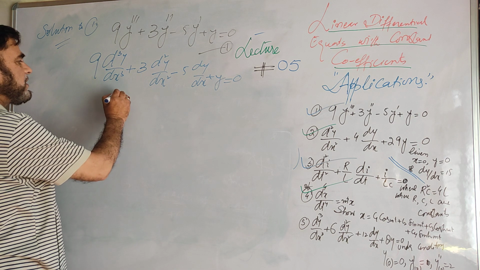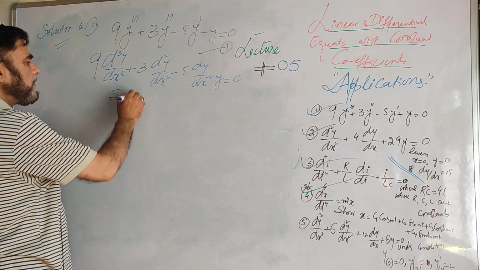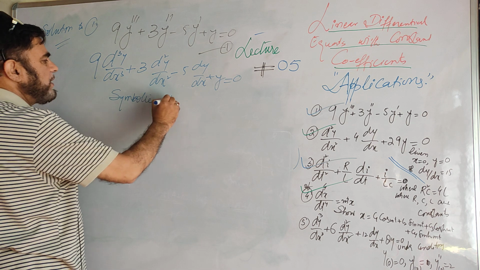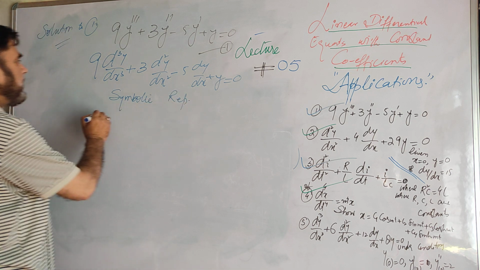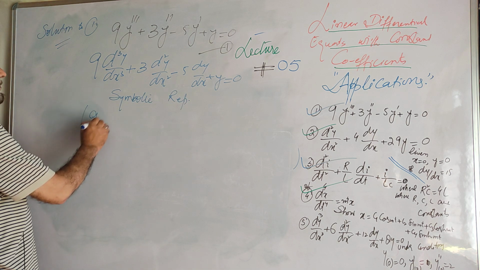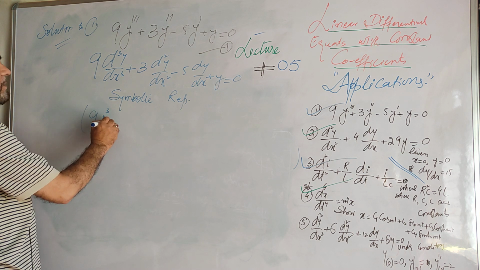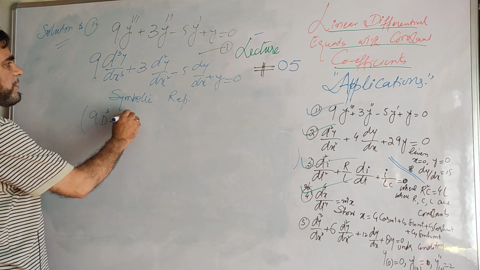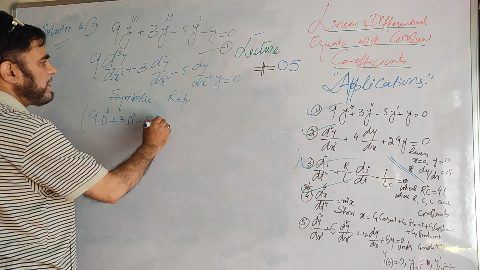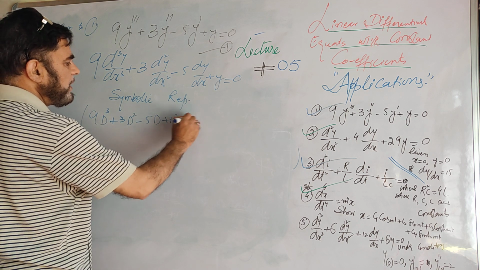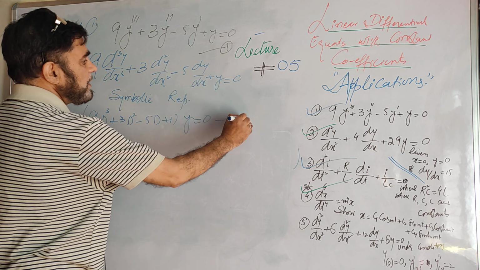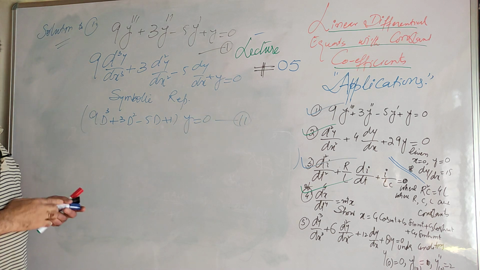The symbolic representation will be (9D cube plus 3D square minus 5D plus 1) y is equal to 0. This is the symbolic representation of this.